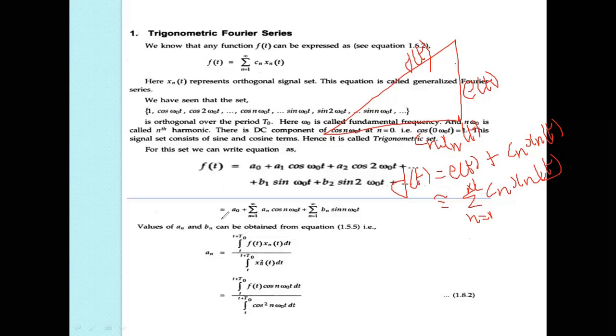So rewrite this function: f of t is equal to a naught plus the sum of n equal to 1 to N of a n cos n omega naught t plus b n sin n omega naught t.